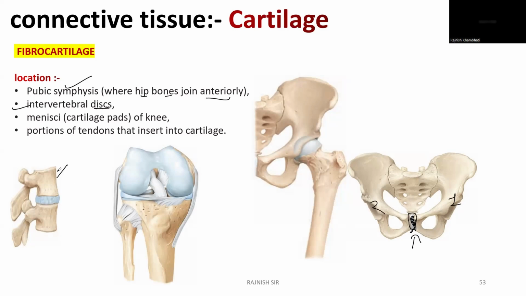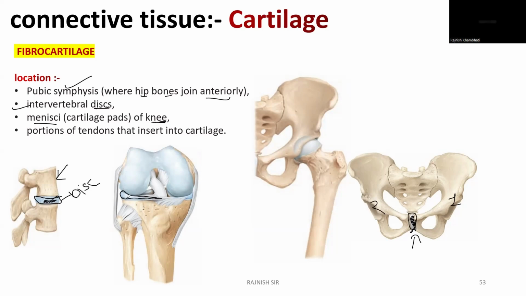This is your vertebrae. What is a vertebra? Backbone. So between two vertebrae, this portion is called the intervertebral disc. Then third, the menisci. Menisci means the pads of the knee. In this diagram, you just have to be careful. See where I am drawing, only that portion.